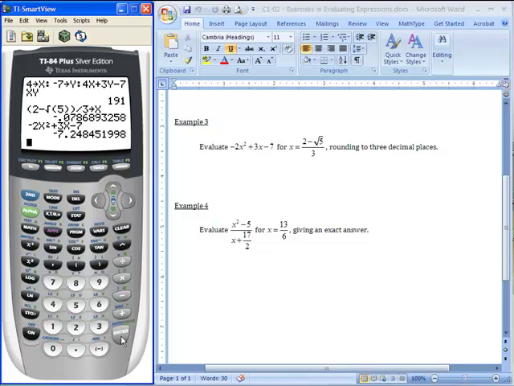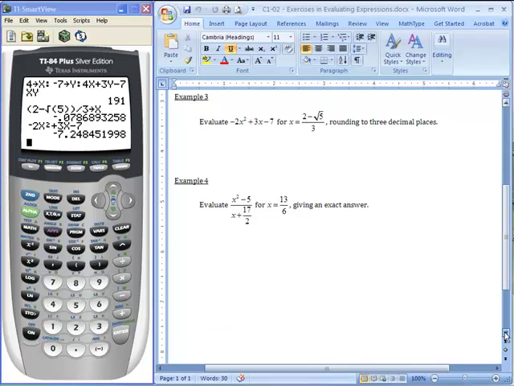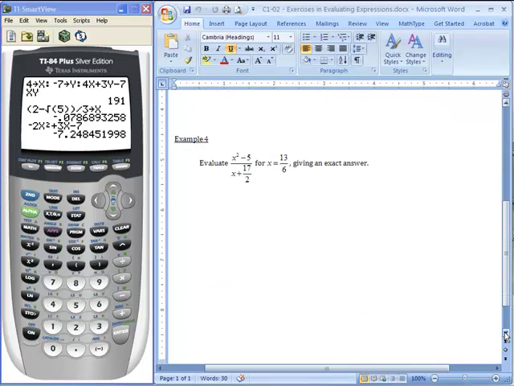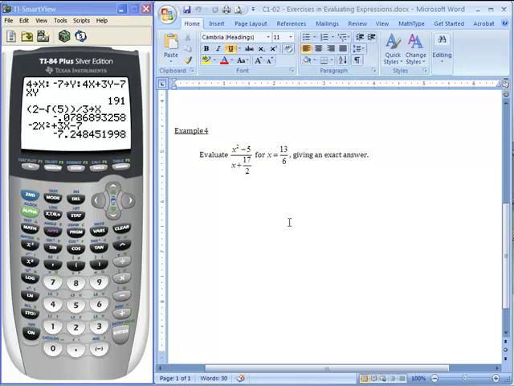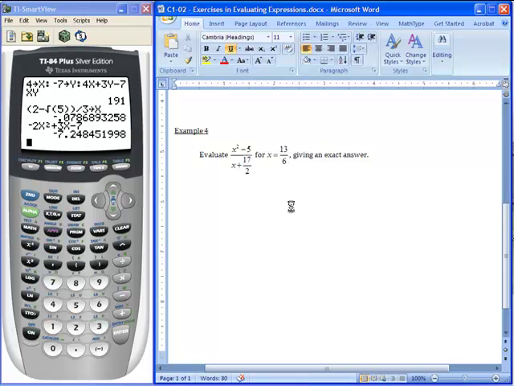All right, let's look at our last example here, example 4. Here we have a complex rational expression, x squared minus 5 in the numerator, x plus 17 halves in the denominator, and we want to find out what this expression is equal to given x equal to 13/6, and we also want an exact answer.